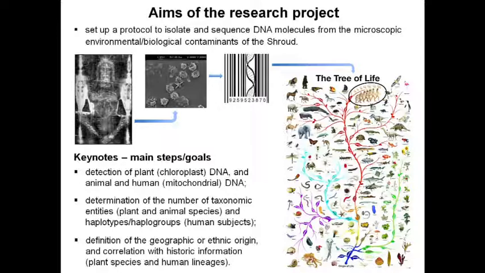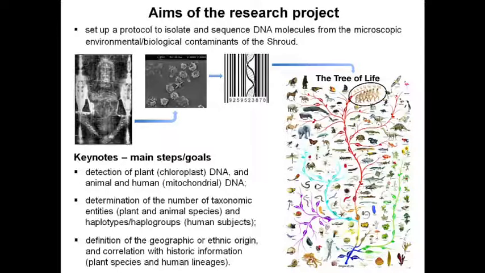Then the three main goals were detection of plant DNA, chloroplast DNA, and also animal and eventually human DNA, mitochondrial type DNA. Second, determination of the number of taxonomic entities, plant species, animal species, other organisms, including possibly haplotypes and haplogroups for human subjects.